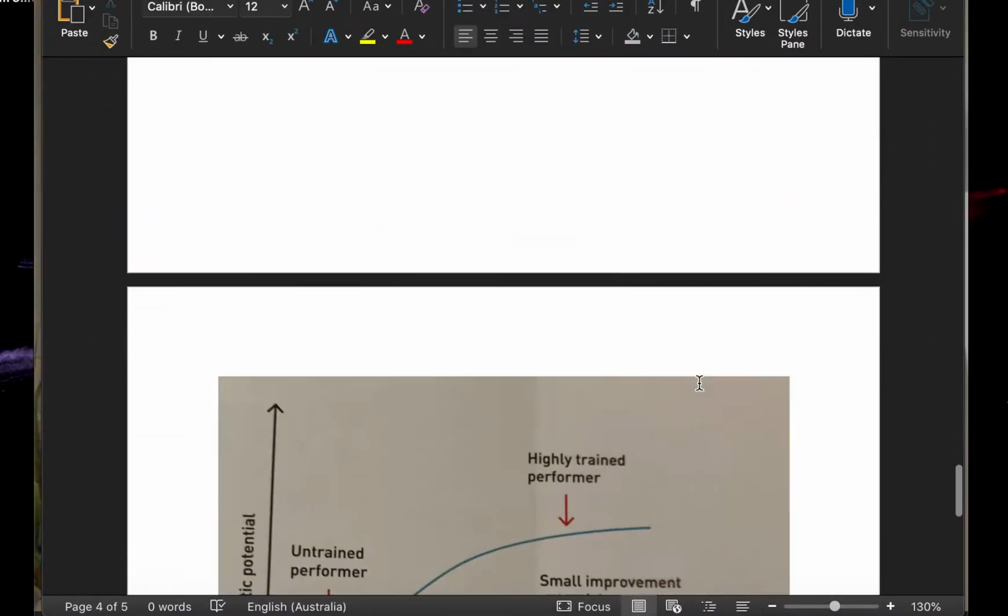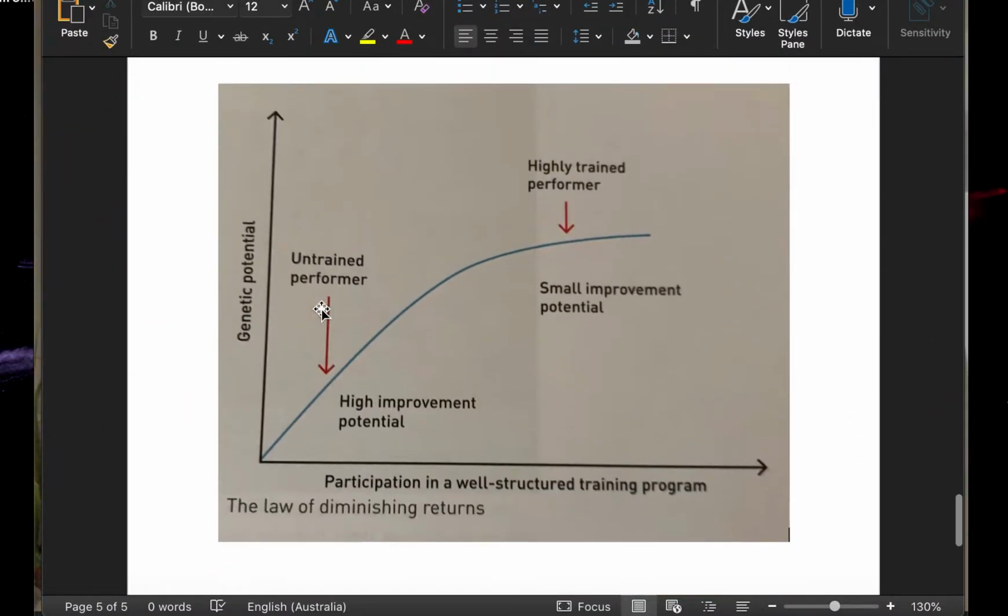The final thing that we talk about here, and I'll show you the graph, is the diminishing returns properties. When we have an untrained performer, someone who hasn't done much of a training program before, they actually have a high improvement potential. So when we give somebody who hasn't been through any training program before a program to stick to, and they actually stick to it, we see quite a huge amount of results come out quite quickly.